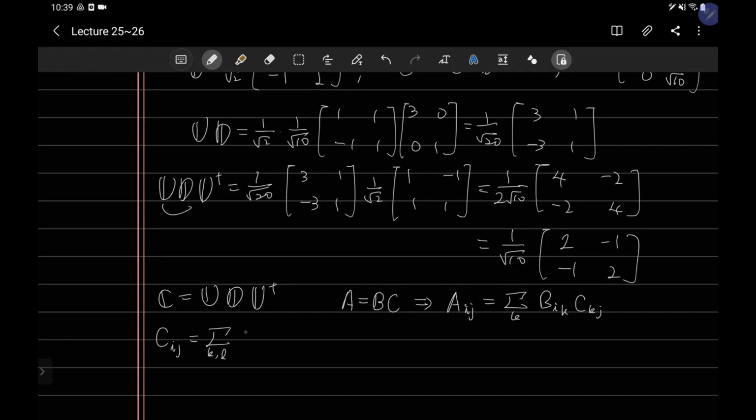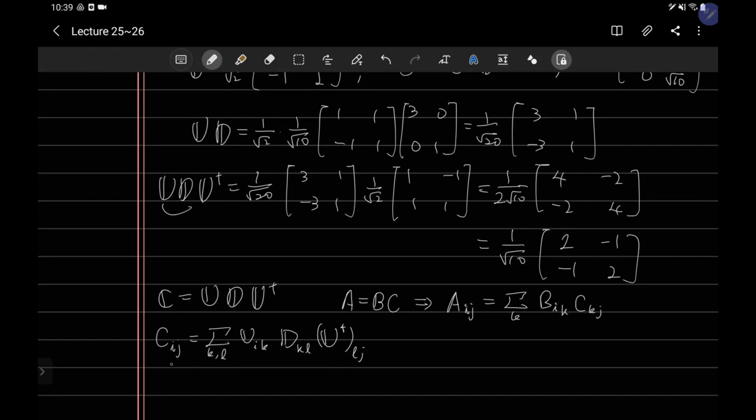These are the dummy variables, and then we will have the U_ik, and then this will be also D_kl, and then the last term will appear as the l j component of the U dagger. Maybe I should use parentheses to make sure that we don't get confused. So this is the expression for each of the components.